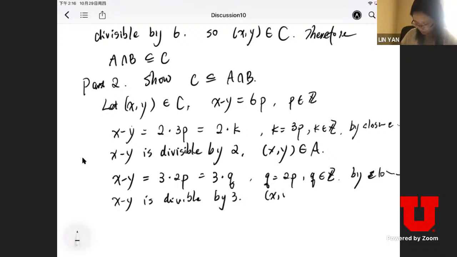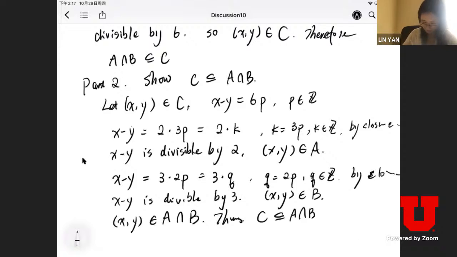So xy is an element of B. That means xy is an element of A intersect B. Thus C is a subset of the intersection of A and B.